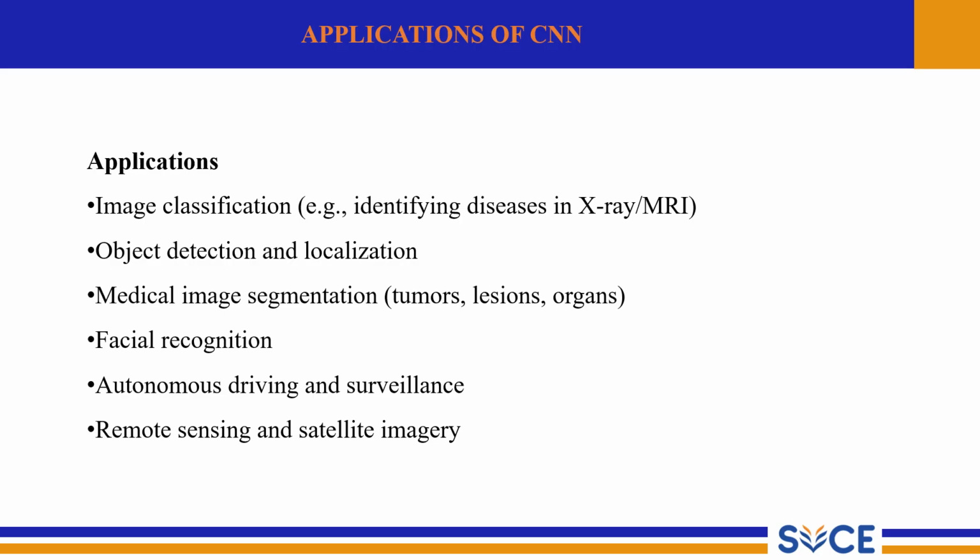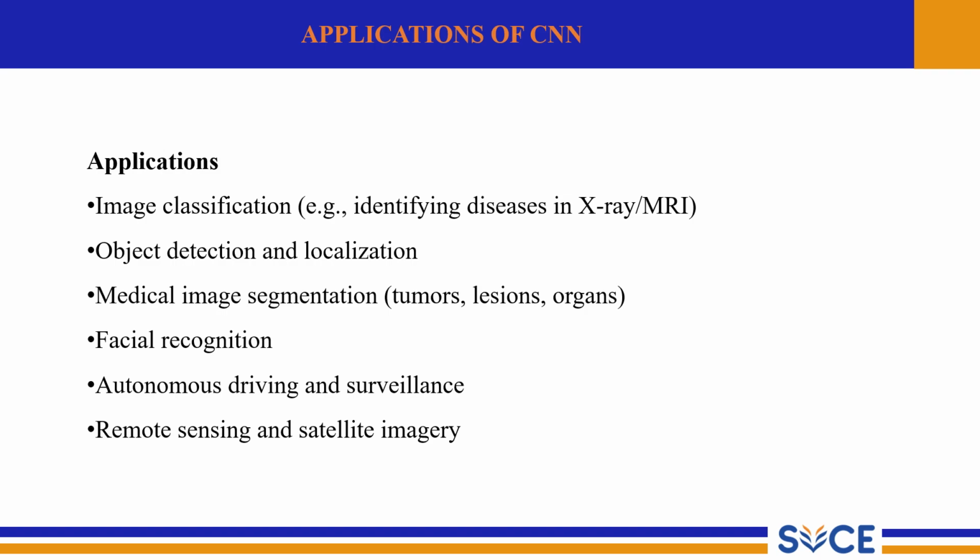Next, facial recognition. CNNs extract key features from faces, enabling accurate recognition even with changes in lighting or expression. Autonomous driving and surveillance. CNNs help to detect pedestrians, vehicles, traffic signs, or obstacles in real time for safety and navigation.